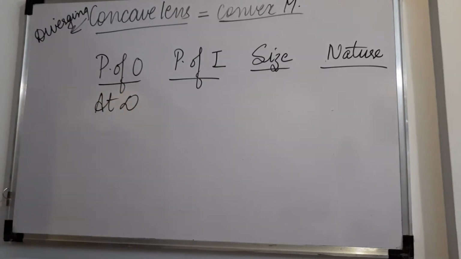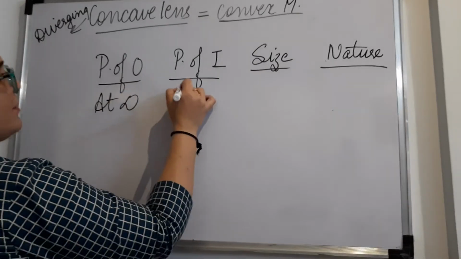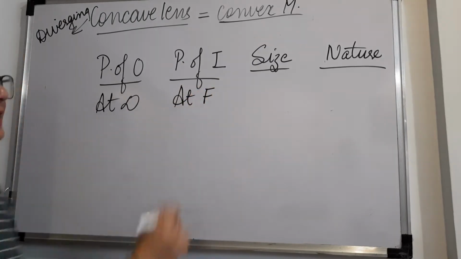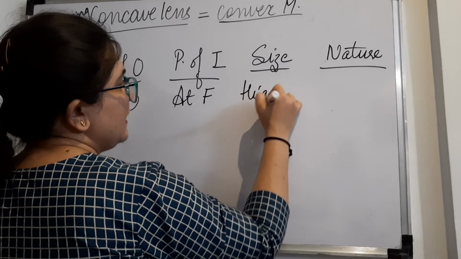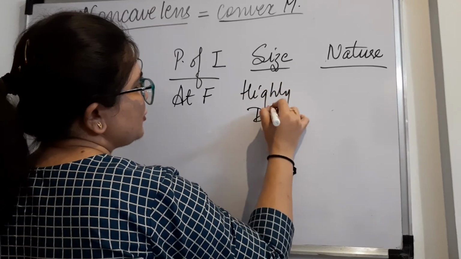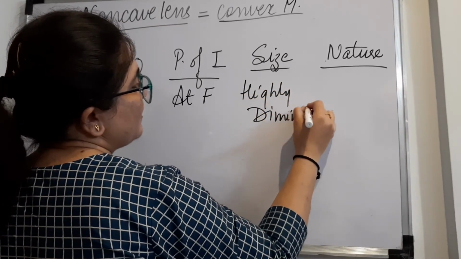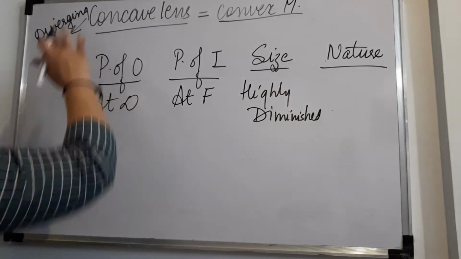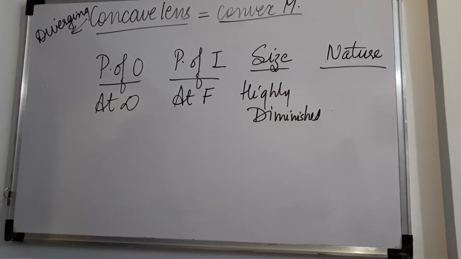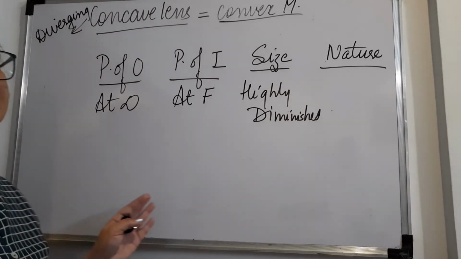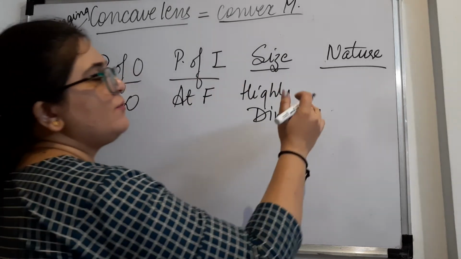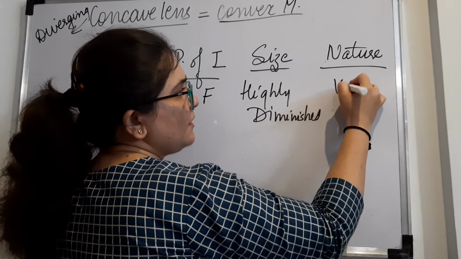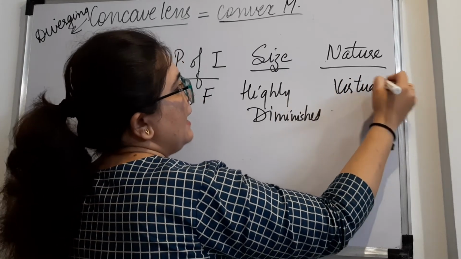If the object is at infinity, image is going to be formed at focus. If the image is formed at focus, obviously it is going to be highly diminished, and because it is a diverging lens, the rays go away from each other and basically we extend it in the backward direction to give you the image. The nature is always going to be virtual and erect.